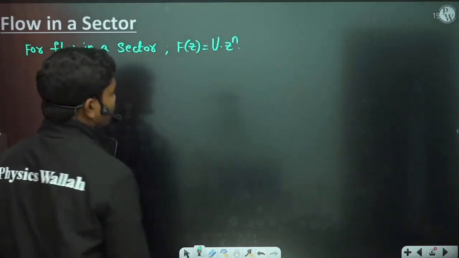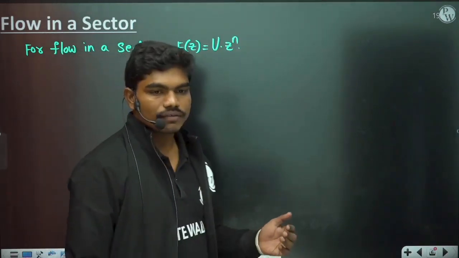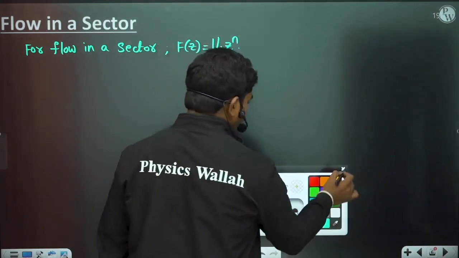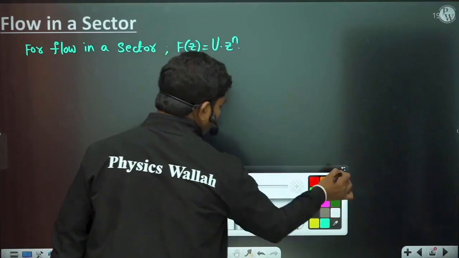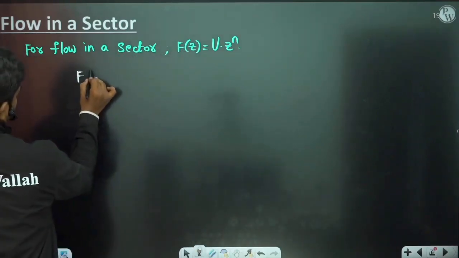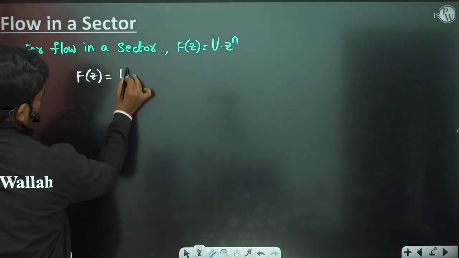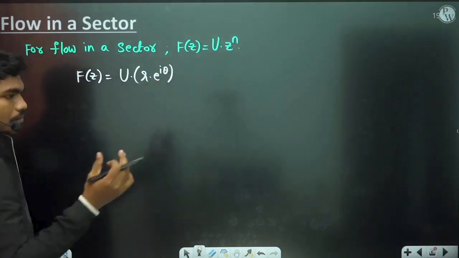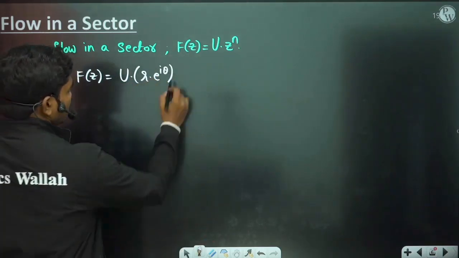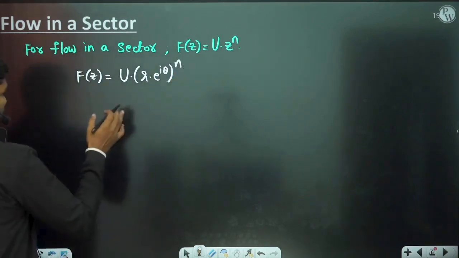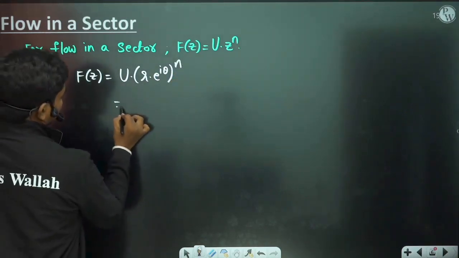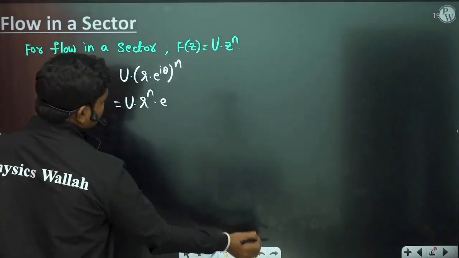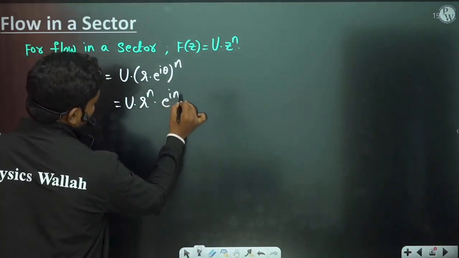Now we have converted this into polar and done some analysis. f of z is equal to u into r e power i theta, whole power n, because any complex number z in a plane can be written as r into e power i theta. So this is equal to u r power n into e power i times n theta.